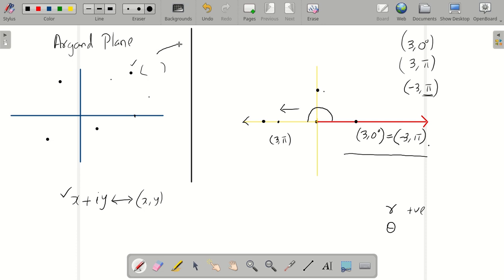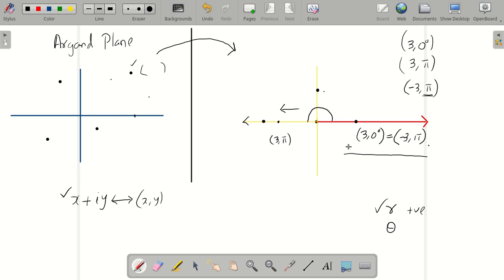Now when we convert the complex number into the polar coordinate system, I hope you remember in the last video I taught you how to convert complex numbers from the Cartesian system into the polar coordinate system. And in that video I asked you to keep r positive and theta between minus pi and pi.